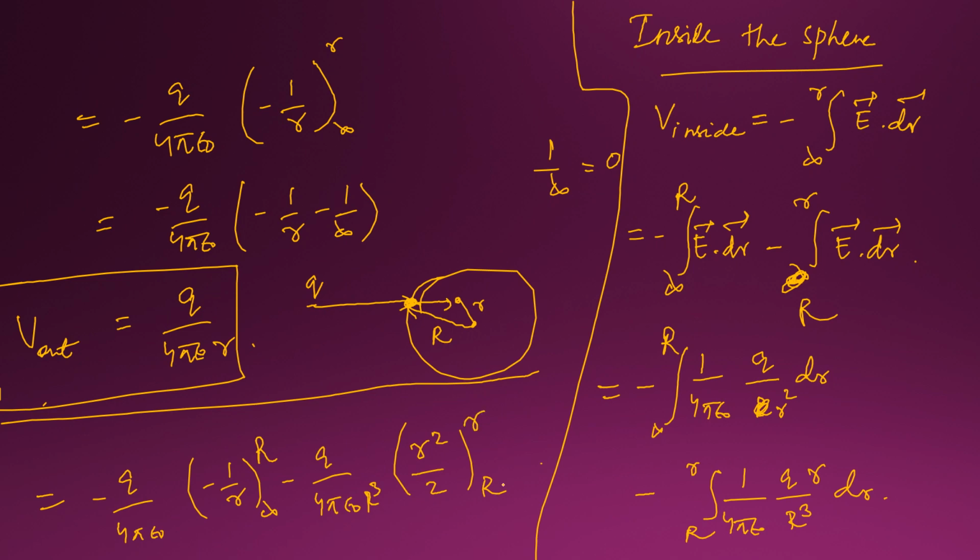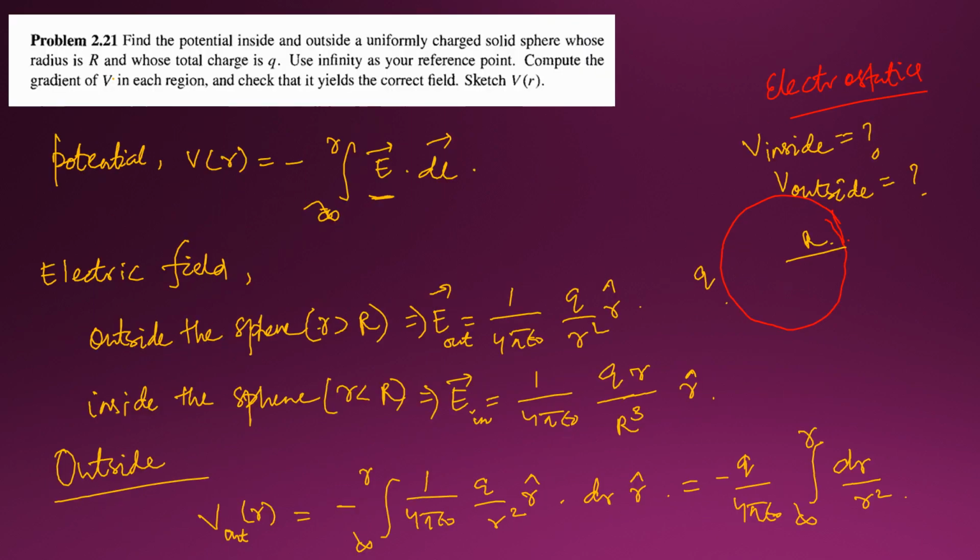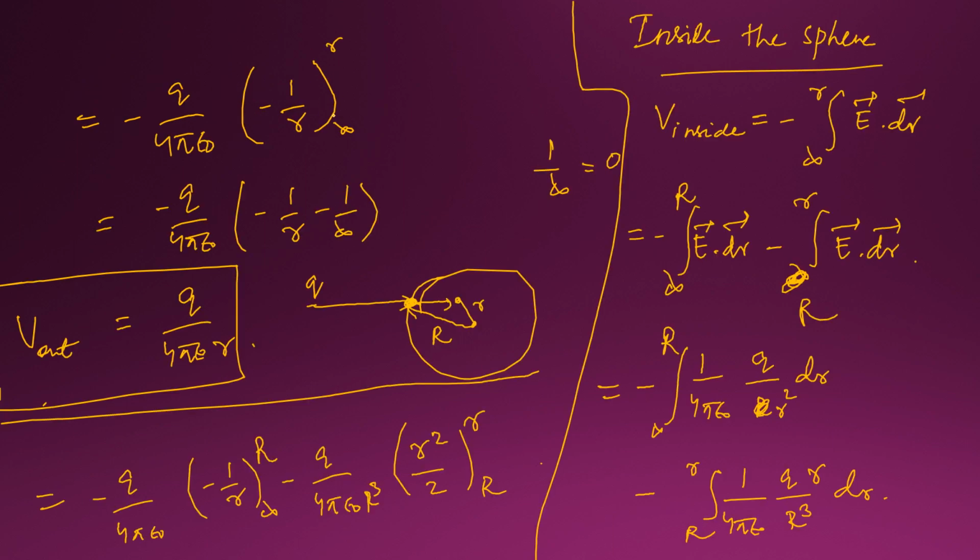Okay, so if I write it again: minus q by 4 pi epsilon naught, minus 1 by r plus 1 by infinity, minus q by 4 pi epsilon naught r cube, r square by 2 minus r square by 2.